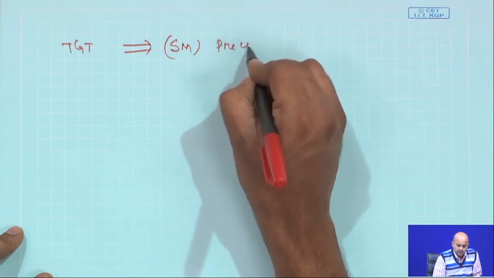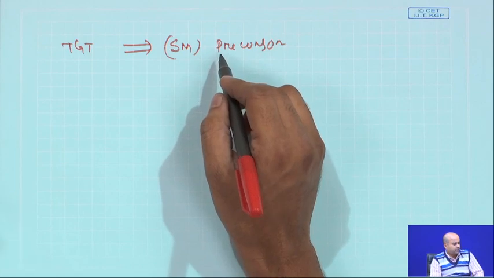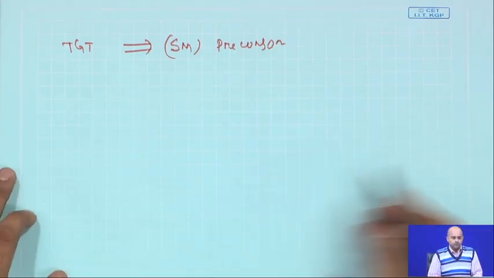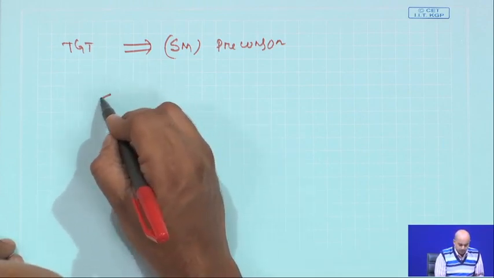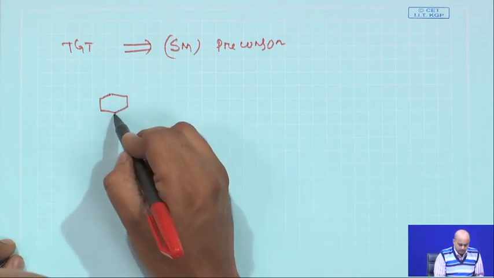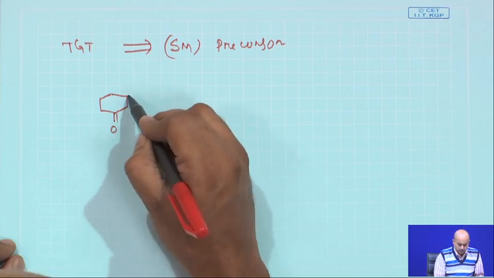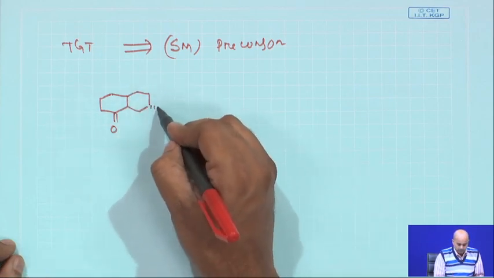Now, this is basically the oldest approach, and as earlier, we will be discussing the problems with a particular given target. Here we will just try to analyze the possible retrosynthesis for this given target molecule.